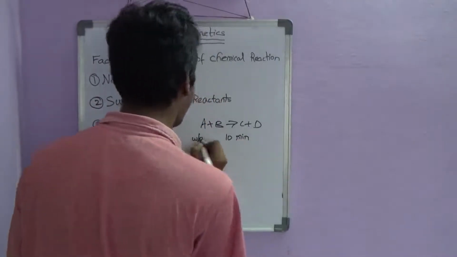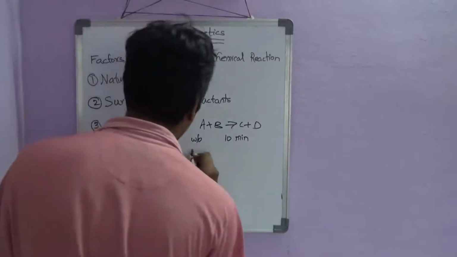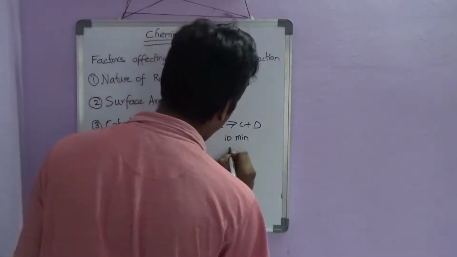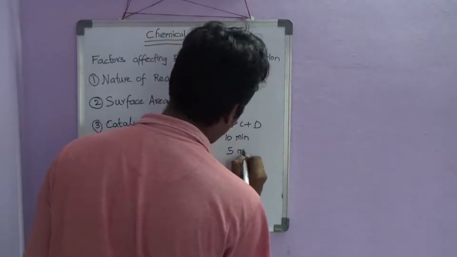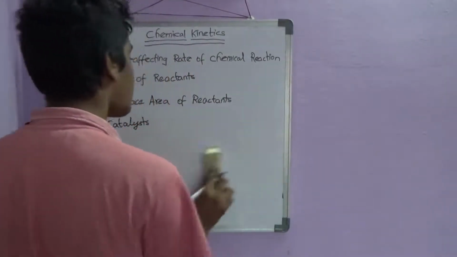If we perform this with the help of a catalyst, it will take 5 minutes. So the reaction will be completed in a shorter time with the help of catalyst.